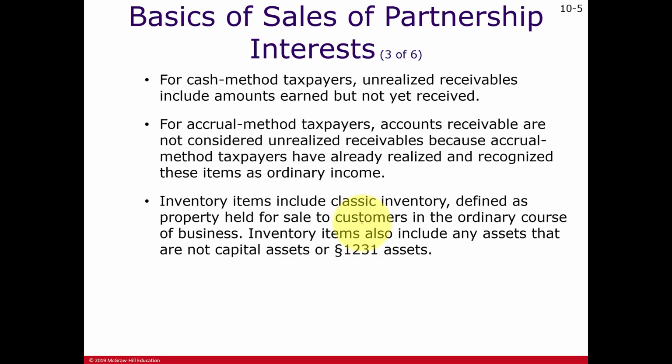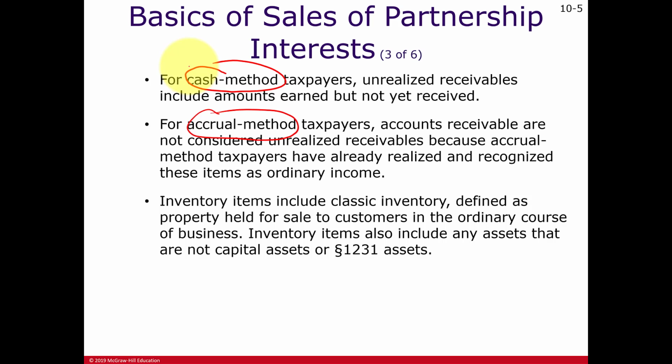Okay, and most of us learned accrual method of accounting in our past accounting classes. What's not emphasized but very, very common in the real world is cash method taxpayers, especially service type industries, professional type businesses like doctors, lawyers, even accountants, even plumbers. They don't report any income until they collect it.